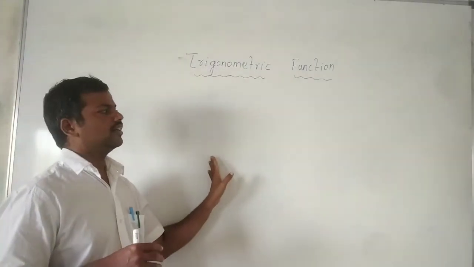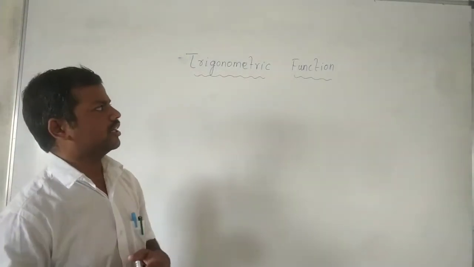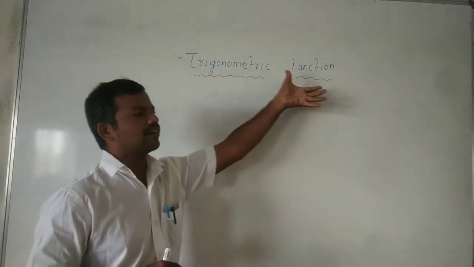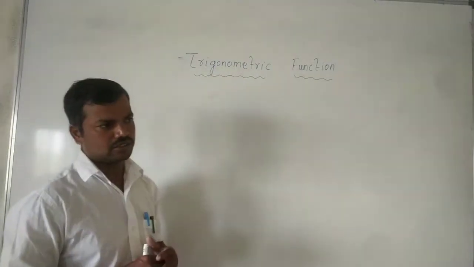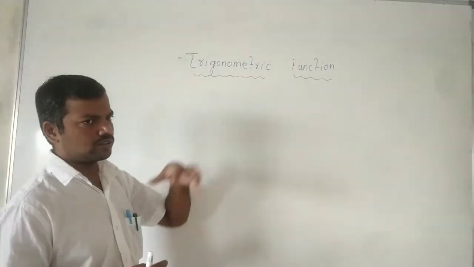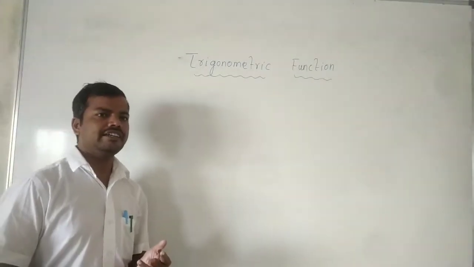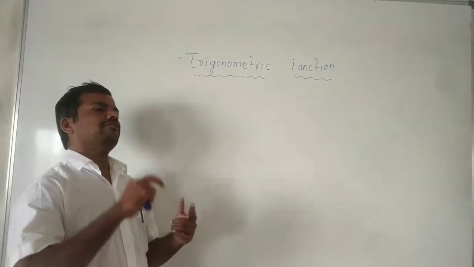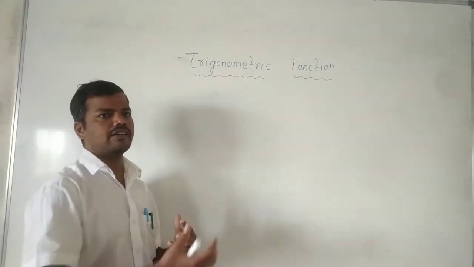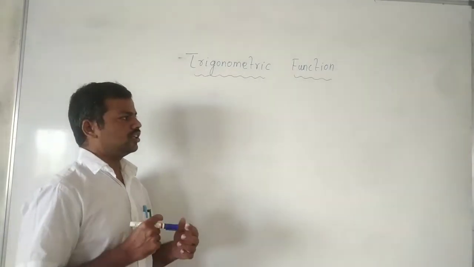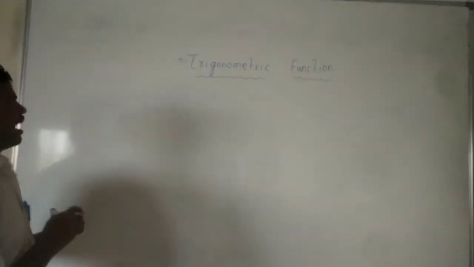After that we have to study the trigonometric functions in detail. You got the idea of trigonometric functions and identities in the previous video class, how trigonometric functions are defined. So here first we will discuss angle.